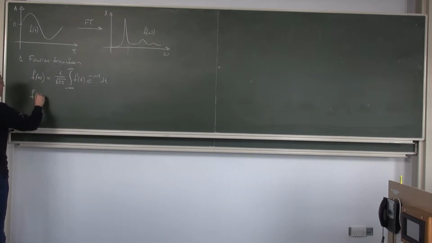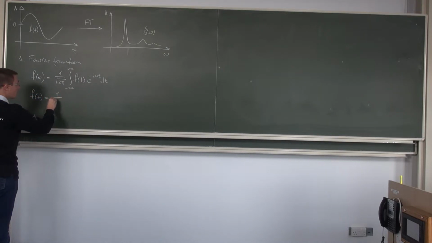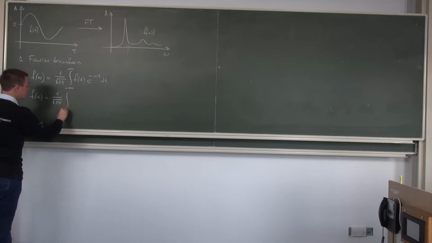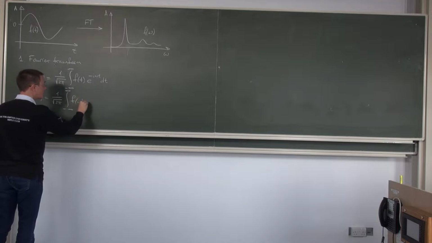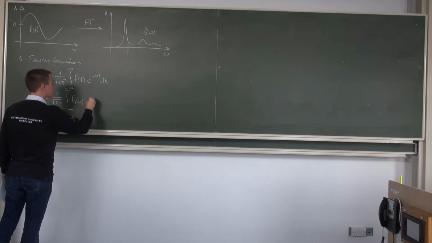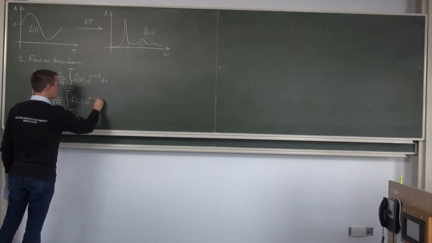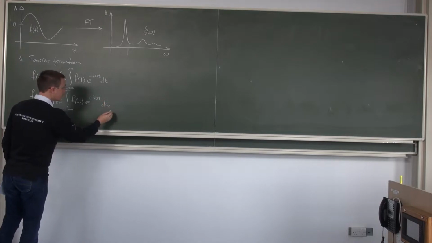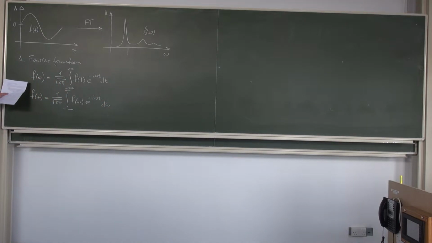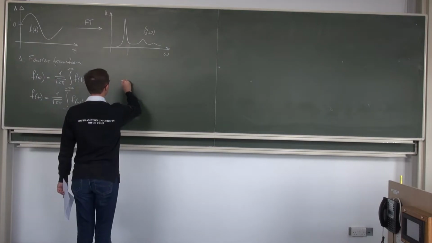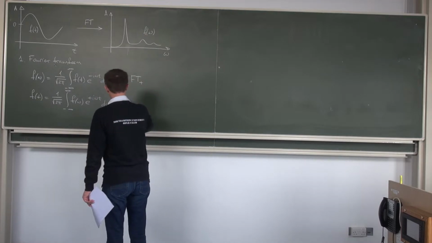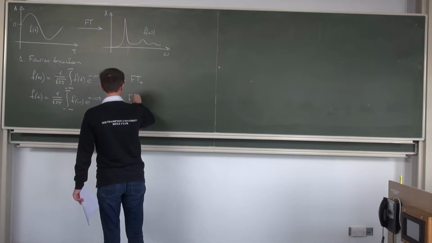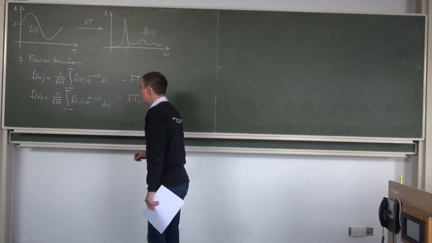And it's very similar. So f of t is 1 over root 2 pi, integral from minus infinity to infinity of f of omega e to the minus, in this case plus, i omega t d omega. So that accomplishes the forward transformation, and this is called the forward Fourier transform, F plus, and that is called the backward transformation, F minus.